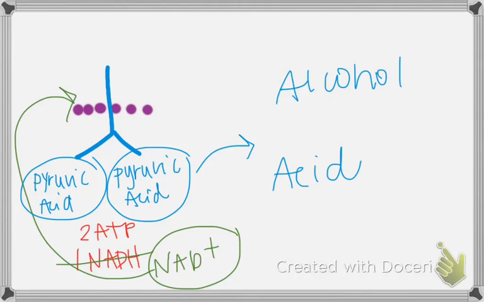So it frees up the NADH to keep glycolysis going and make some ATP. So whether you make ATP with alcohol fermentation or with lactic acid fermentation, that depends on what kind of organism you are. Okay, so for example, yeast is going to do alcohol fermentation.